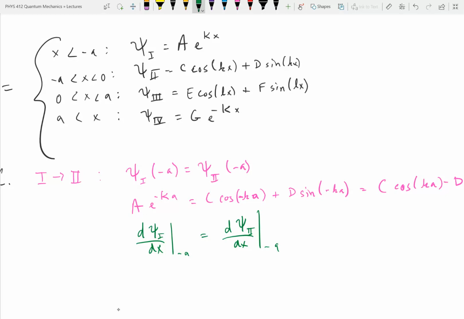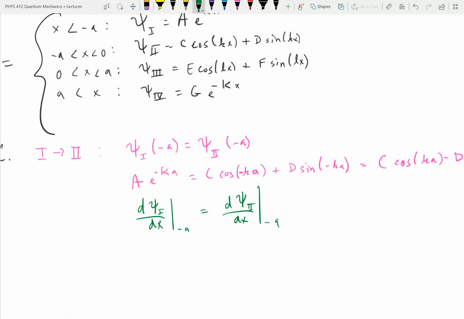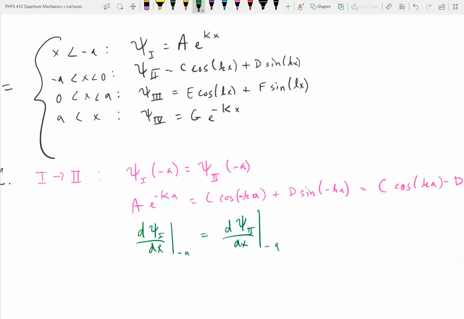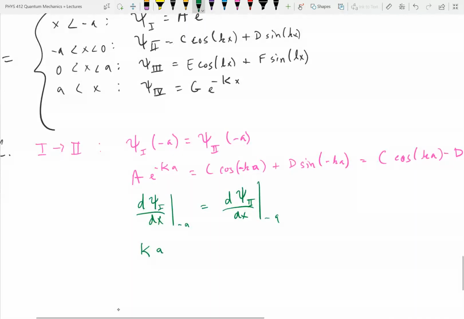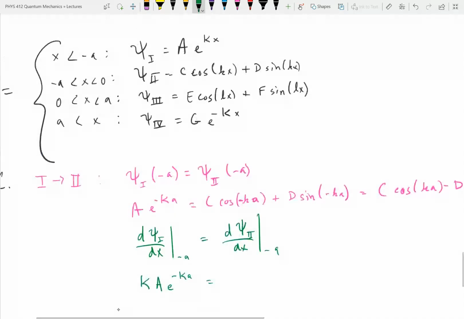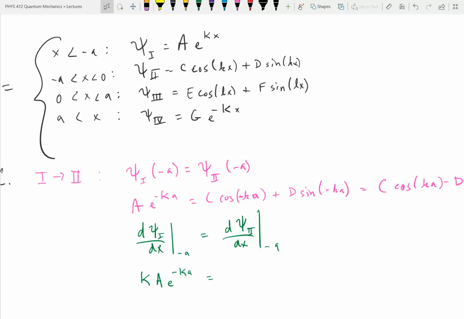It's evaluated at minus A. And doing the derivative of psi 1, that's going to just bring down a positive kappa. And the derivative of cosine kx is minus k sine of kx.